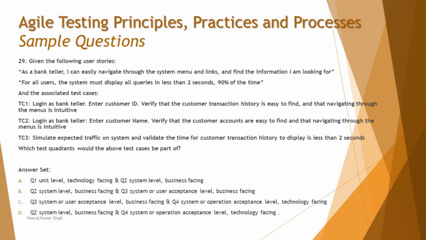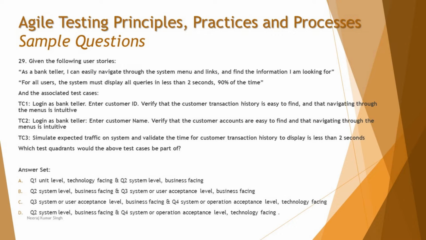Test case 3 is to simulate expected traffic on the system and validate that the time for the customer transaction history to display is less than 2 seconds, right? Because the system must display all queries, of which one is the customer transaction history. And this is for all users, so of course the customer can also do that.